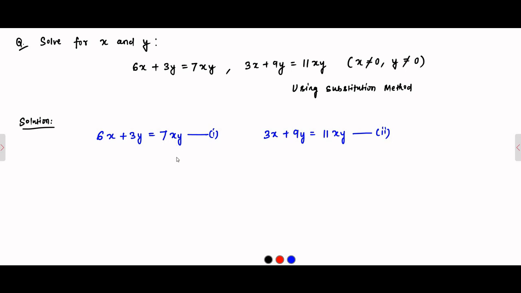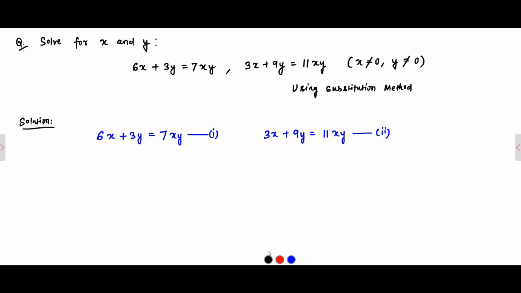For that, we'll divide by xy on both sides. Here it is 6x plus 3y, and on the right it is xy. So in order to get a constant on the right hand side, we divide by xy on both sides.